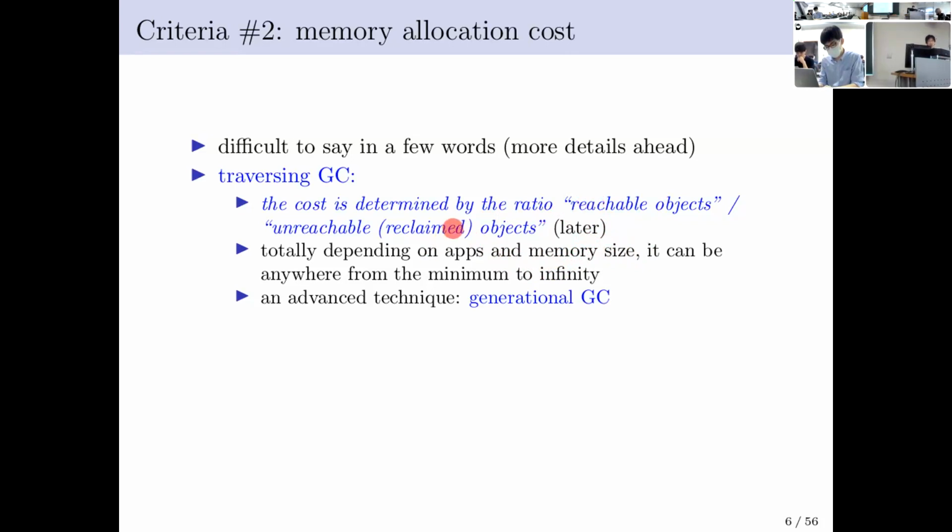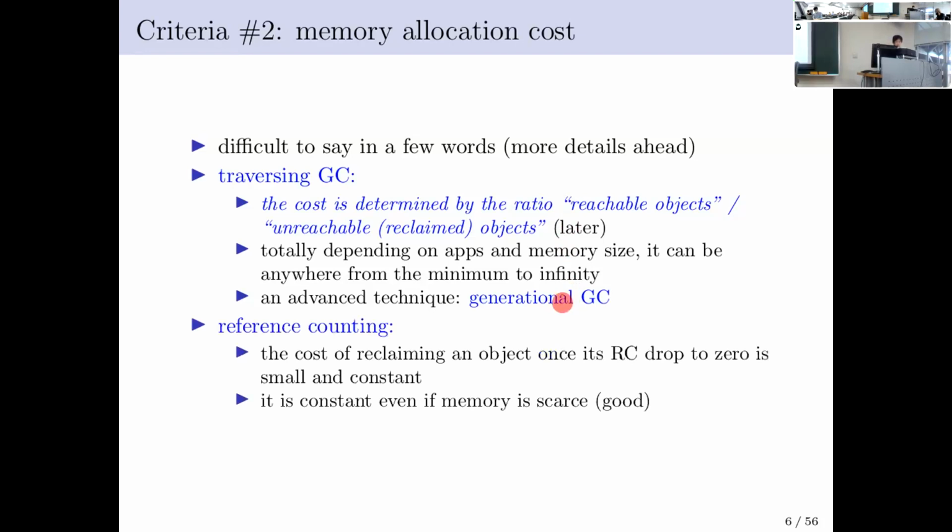So it's difficult to say in a few words what the cost of allocating memory with traversing garbage collection is. And there's a somewhat advanced technique to make this ratio smaller so as to make garbage collection and allocation cheaper or faster. This is called generational garbage collection, which I'm going to get into in the later part of this slide deck.